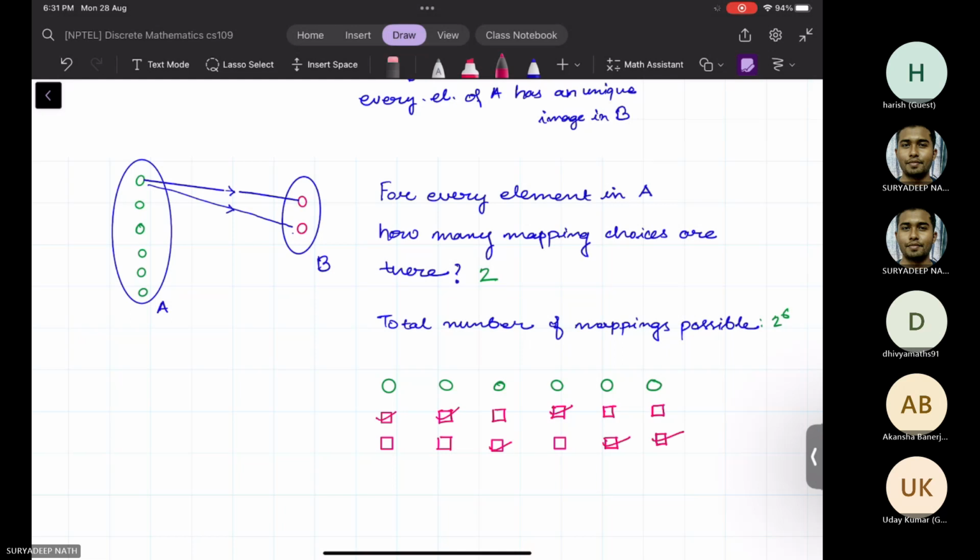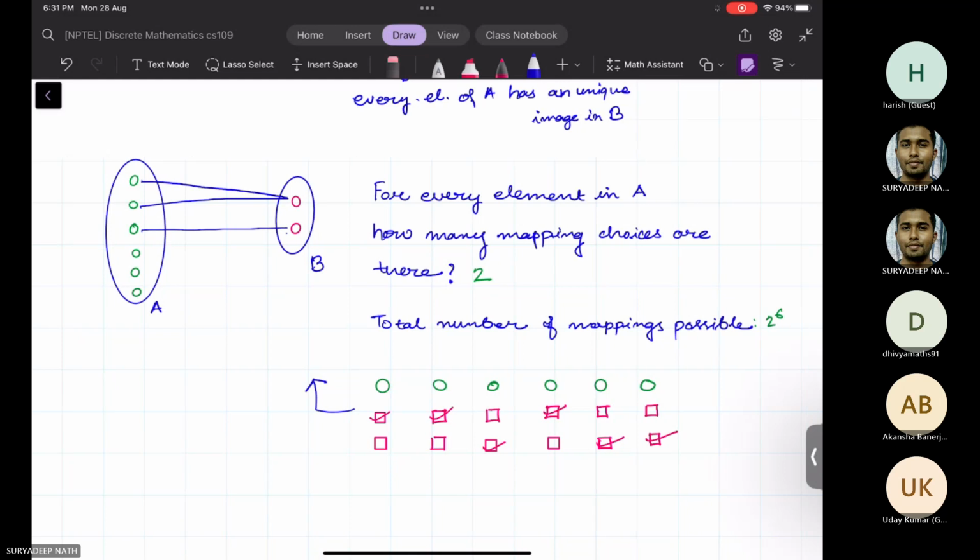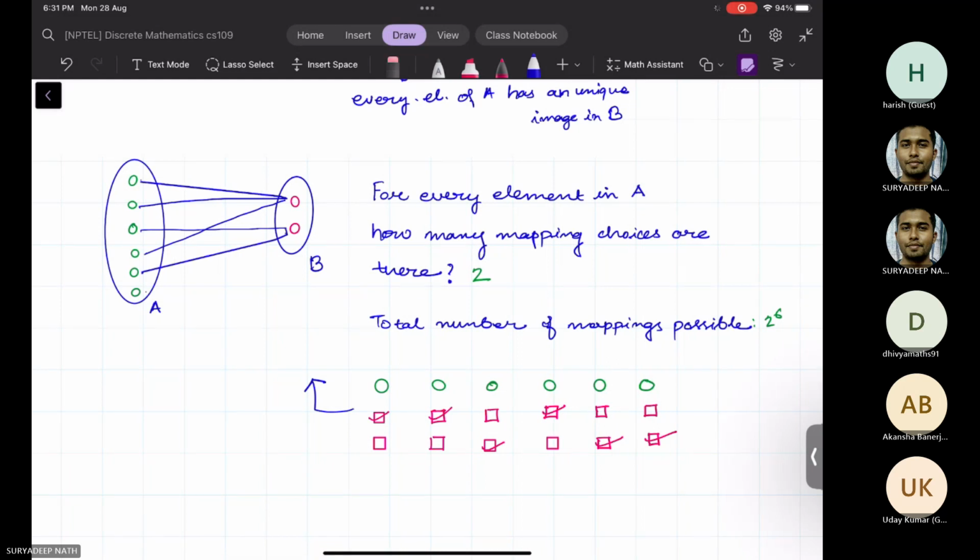So let me try to fit it here. What this mapping would look like is that you have a mapping from first to first, then second to first, then third to second, fourth to first, fifth to second, and sixth to second.